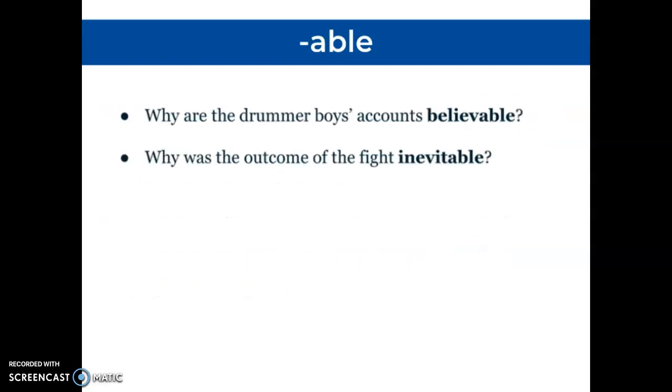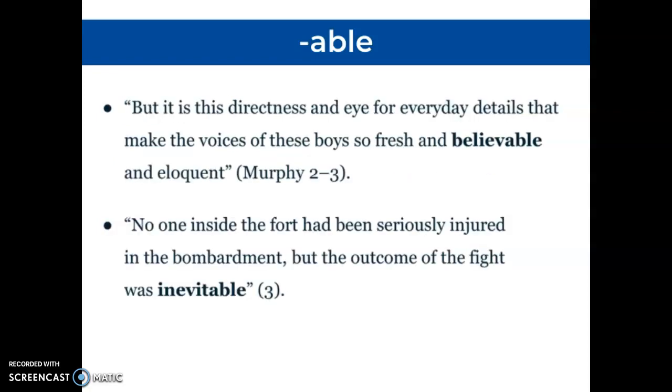And this one, why was the outcome of the fight inevitable? Inevitable means that it was unavoidable. The North was surrounded by the South at the fort of, man, I'm blanking on the word, Sumter. At Fort Sumter, they were surrounded. And so the outcome of the fight, they would not have been able to avoid it. The South won that battle.